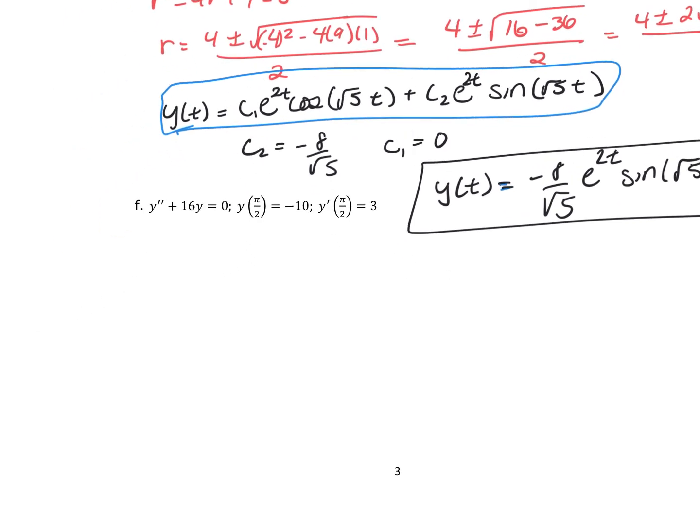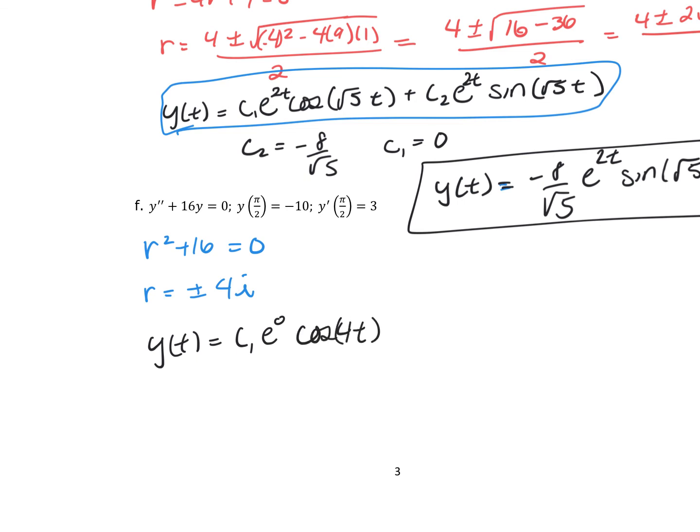This next one is going to be something similar in complex because I know I'm going to have r squared plus 16 is equal to 0. And I already know that r is going to equal plus and minus the square root of negative 16, which is 4i. Again, going up to my chart, y of t is equal to c sub 1 e to the 0 cosine of 4t plus c sub 2 e to the 0 sine of 4t.